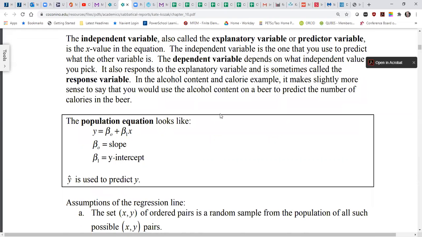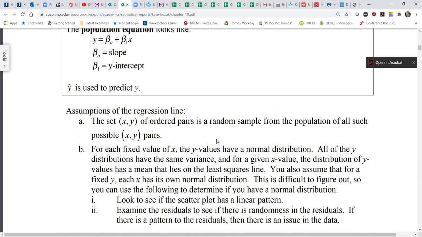This is the formula for the population equation. The set of ordered pairs is a random sample from the population of all such possible XY pairs.